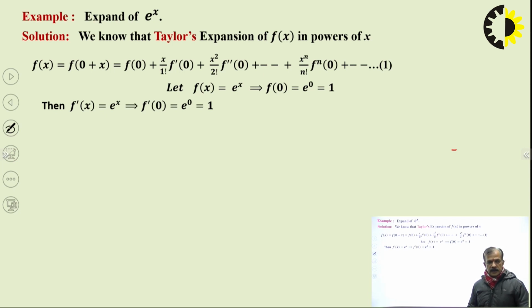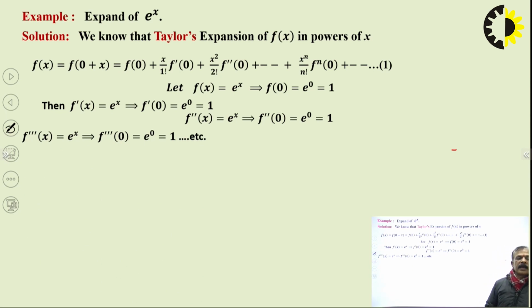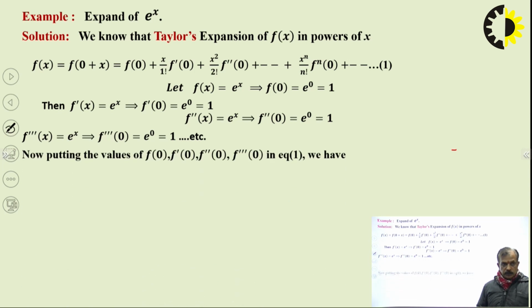So, the value of the first derivative at x equal to 0 will be 1. The value of the second derivative is again 1, and the value of the third derivative is again 1, because any derivative of e raised to the power x is again e raised to the power x, and its value at x equal to 0 will be 1.